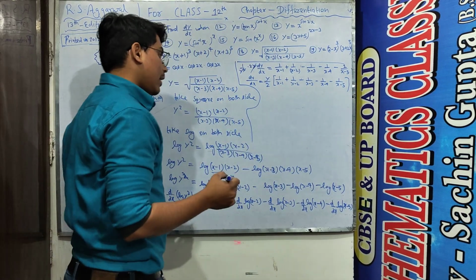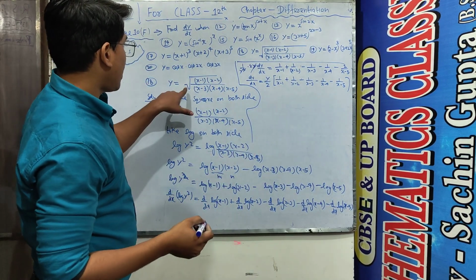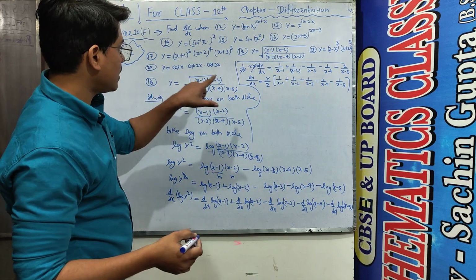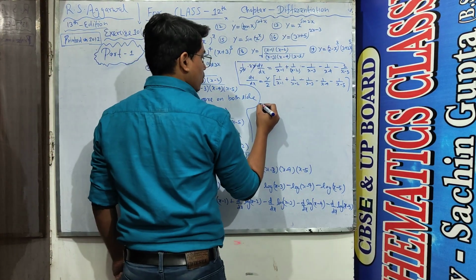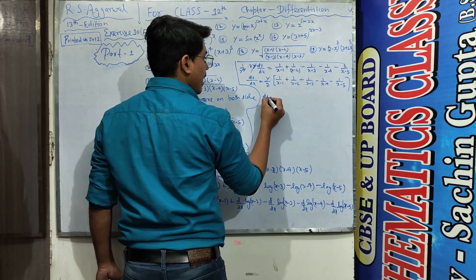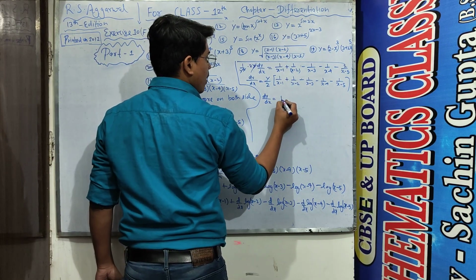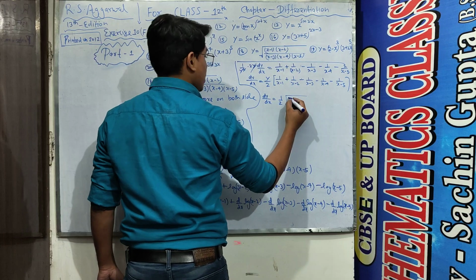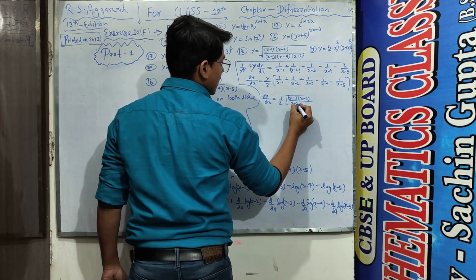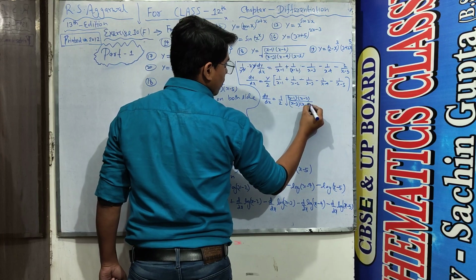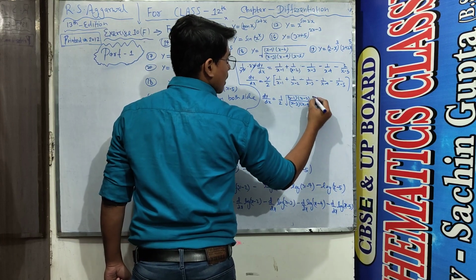Now student, I put the value of y. The value of y is under root (x minus 1)(x minus 2) upon (x minus 3)(x minus 4)(x minus 5). So dy by dx becomes 1 upon 2 under root of that whole fraction.